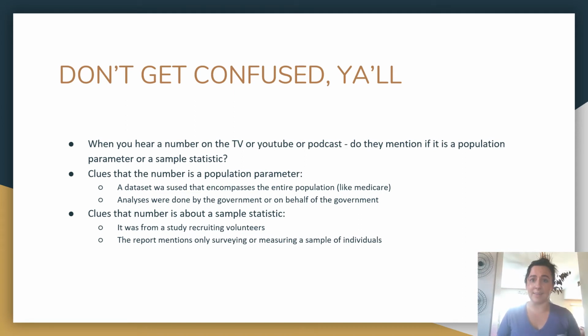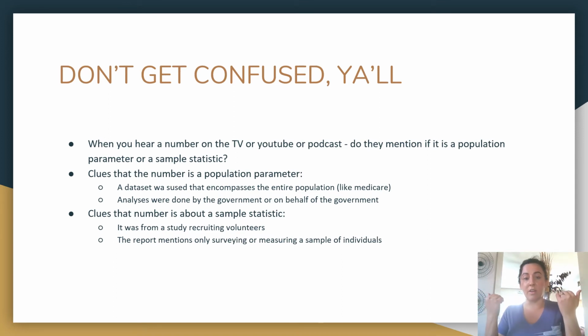The government's going to take a census. The government is going to get information from everyone. The government knows everything. You can't hide. So if it's a government kind of thing, then most likely that was a population parameter. It was a total population kind of deal.